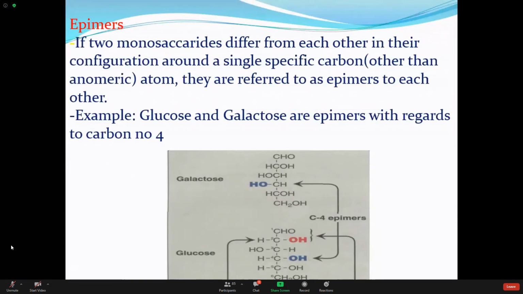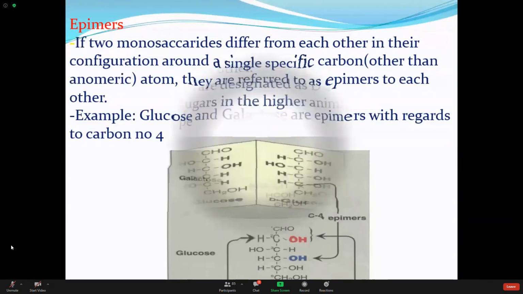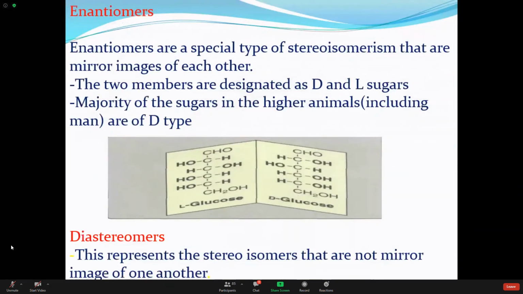Isomer is the main thing, and isomers have a lot of varieties, like D and L isomers, the dextro and levo varieties. Then you are getting epimers. Another one is called an enantiomer. The other type of isomer is a diastereomer. So there are a lot of varieties of isomers for carbohydrates. Am I clear?